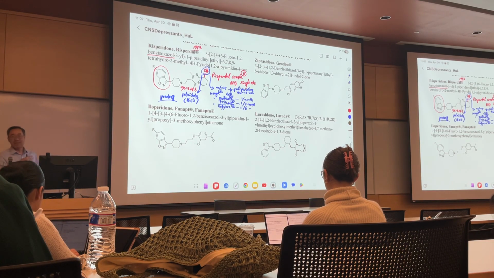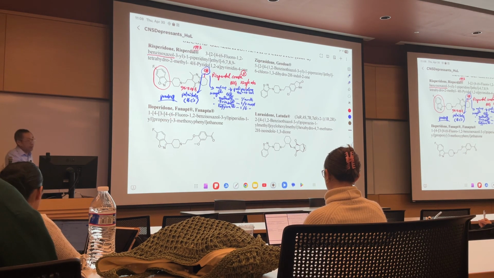But that doesn't mean the second generation antipsychotics do not have any movement disorder as a side effect. Some of them do. For example, risperidone still has them, but relative to the first generation, the incidence of these movement disorders is fewer. This is true for risperidone, paliperidone, and iloperidone.